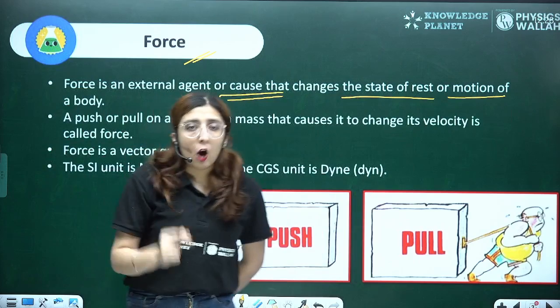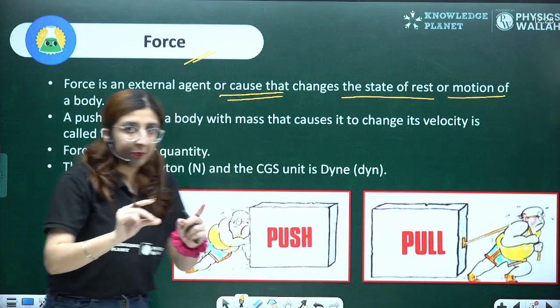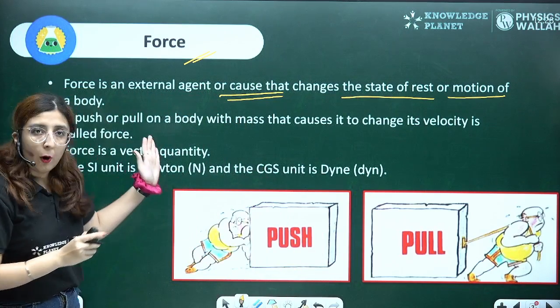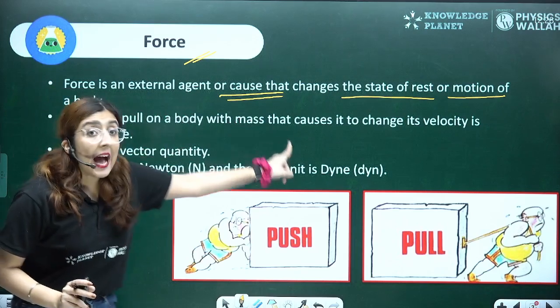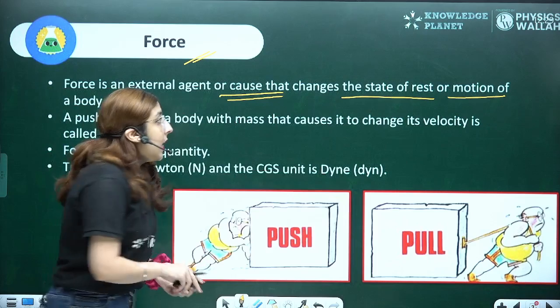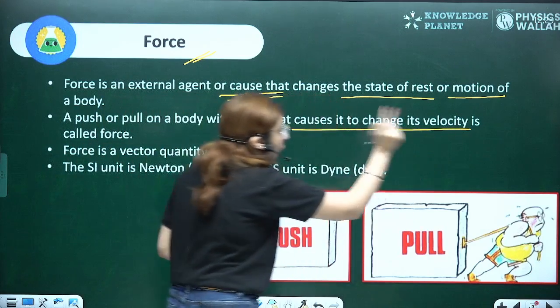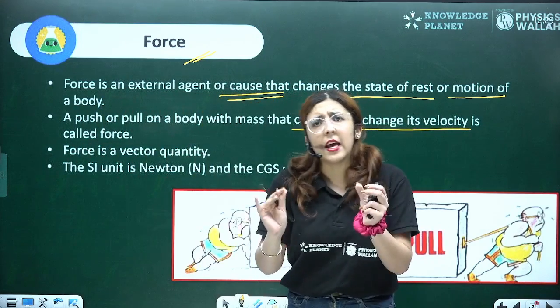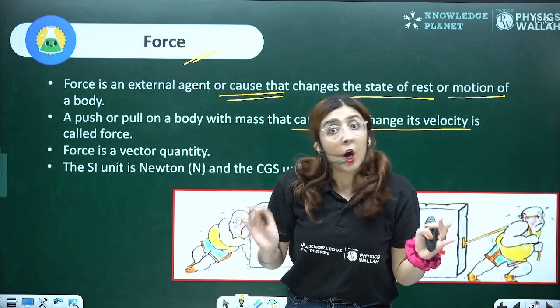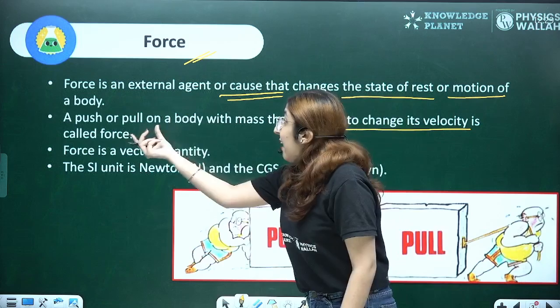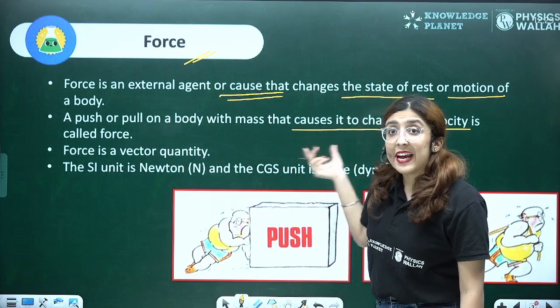Now we can say, push and pull. Yes, force is a push or a pull that will cause a change in its velocity. I'll talk about that. Or you can certainly say a change in the state from rest to motion or from motion to rest. Now you have to write down the statement like this.